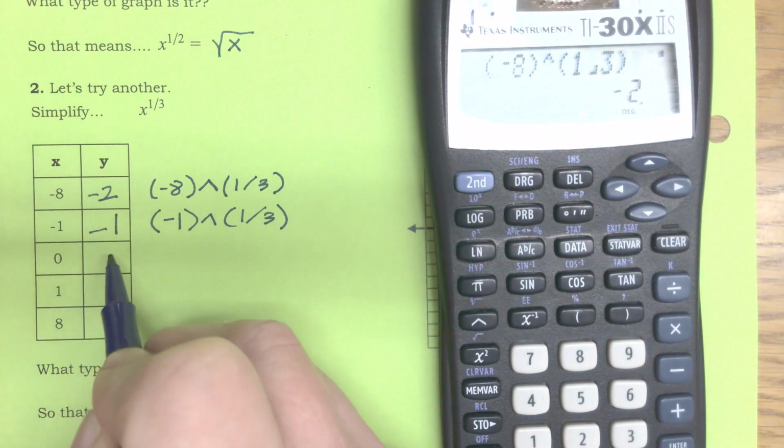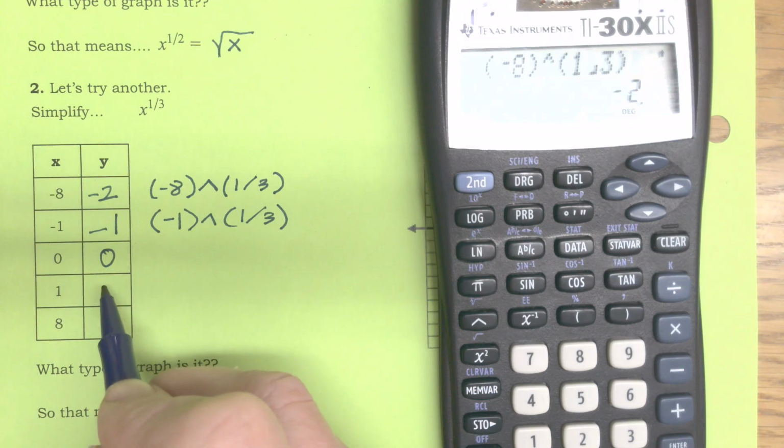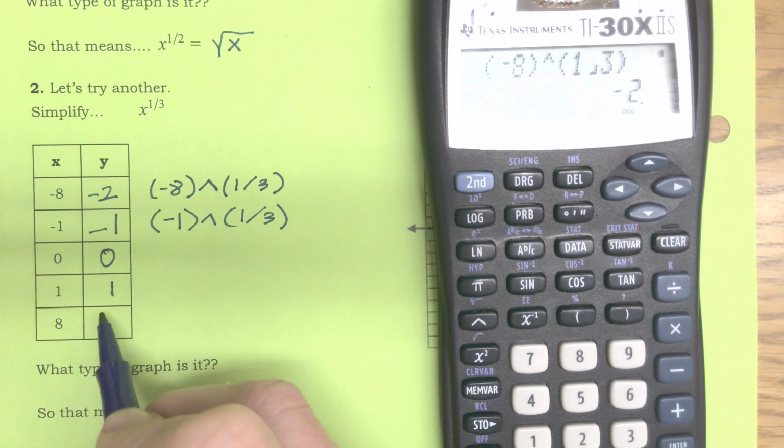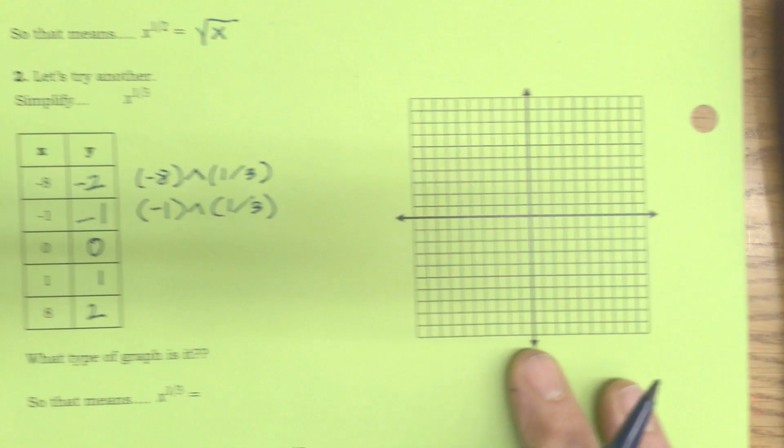How about 0? 0. How about 1? 1. And 8? It is +2.